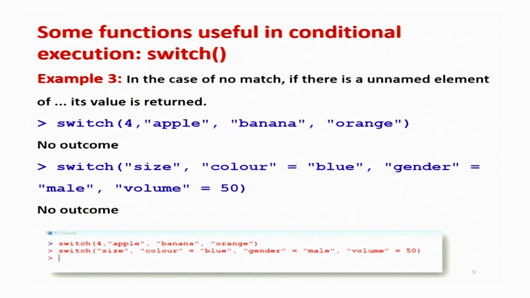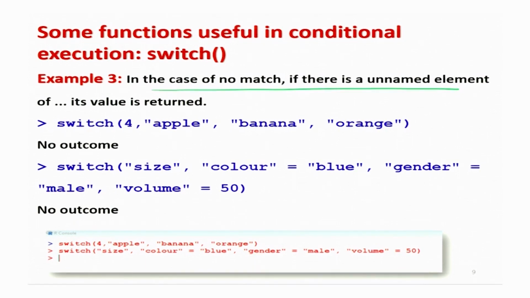Now, in both these examples, what can happen? Suppose you give a value, either an integer or a string, which is not available in the list. Then what happens? If there is no match, or if there is an unnamed element, then there is no value and no name, so nothing will be returned and there will be no outcome.